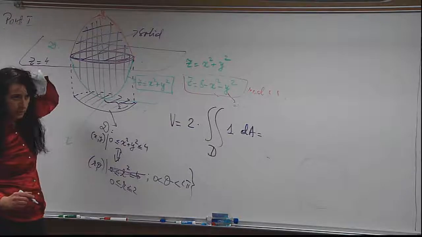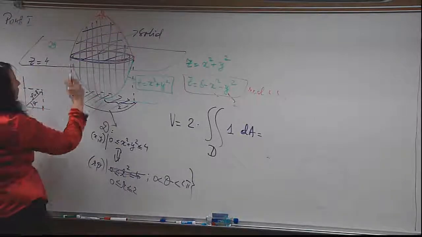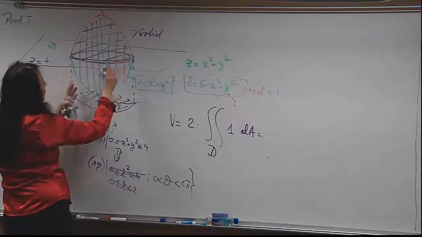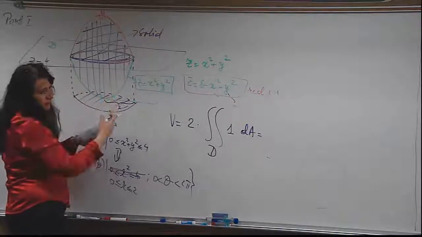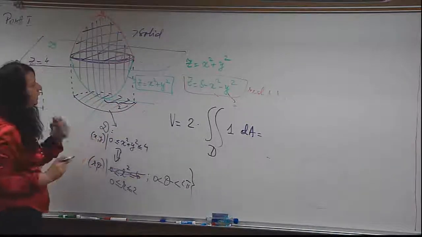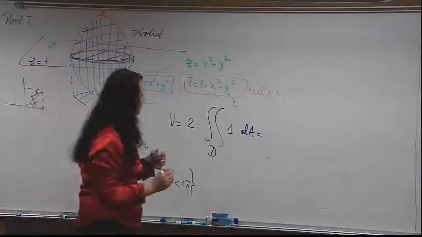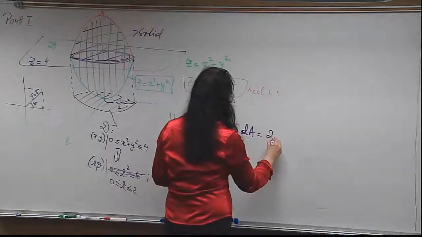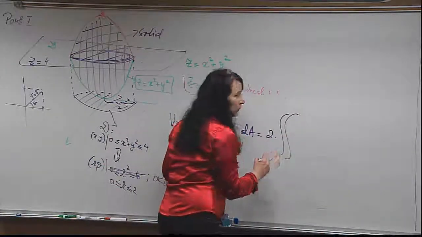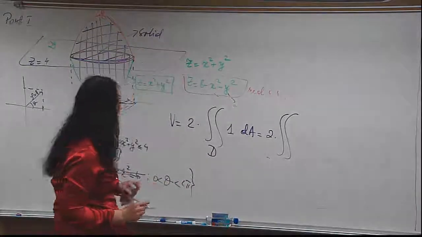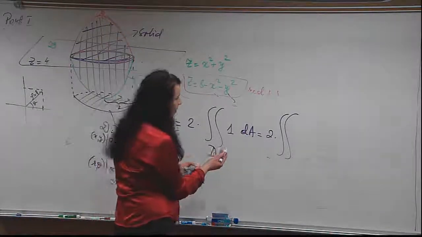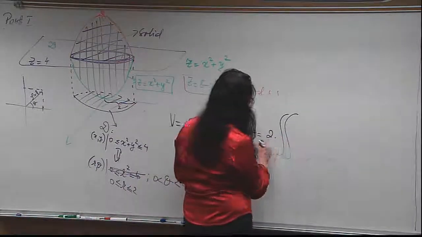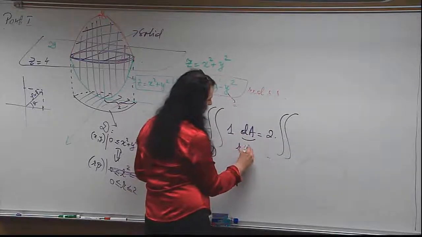Yes. It's the same volume up and down, so it's enough for me to take the volume of the lower part and double it. Can you help me set up the lower part? So I'm going to have 2 times. Can I do that directly in polar coordinates? That's the thing. R is R, and this is the Jacobian, R d theta.